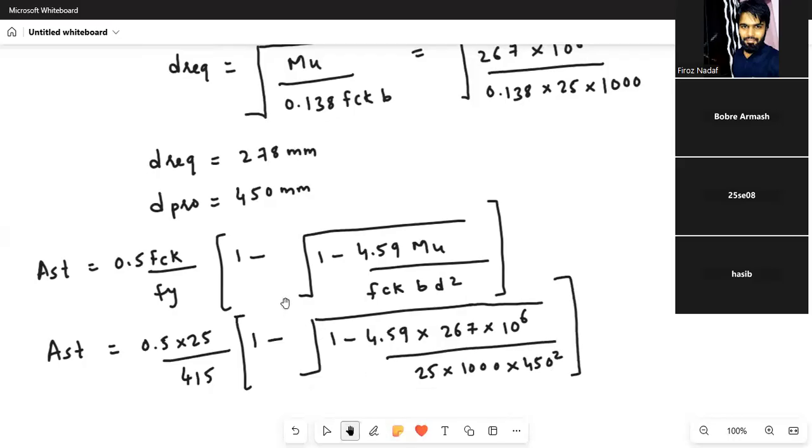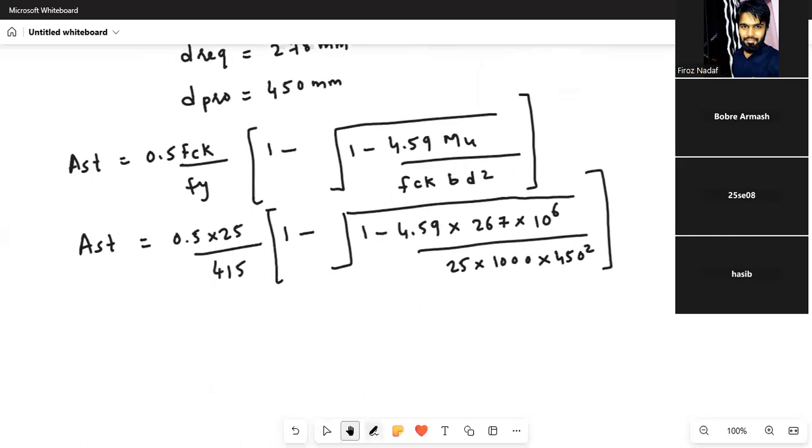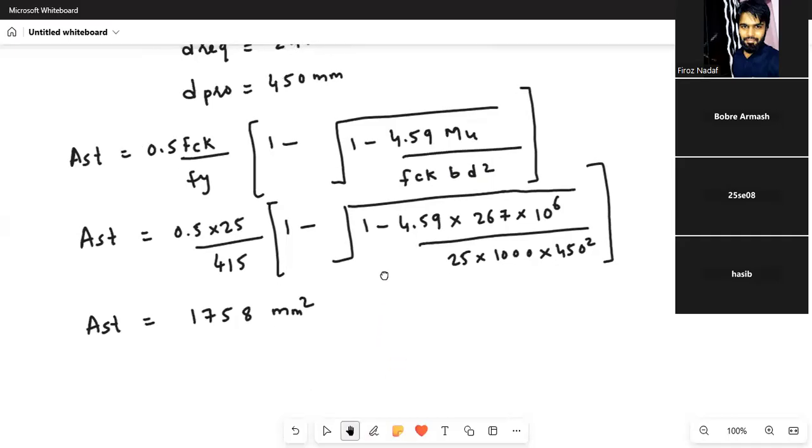So you have substituted all the terms in the formula. You just have to calculate and the Ast will be 1758 mm square. Now you need to assume the diameter of the bar.